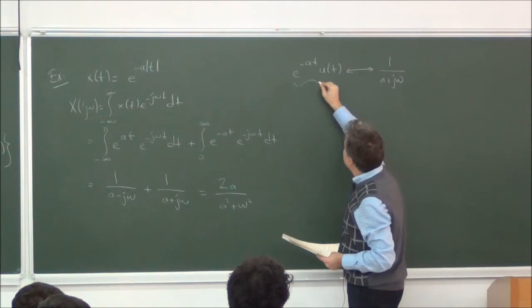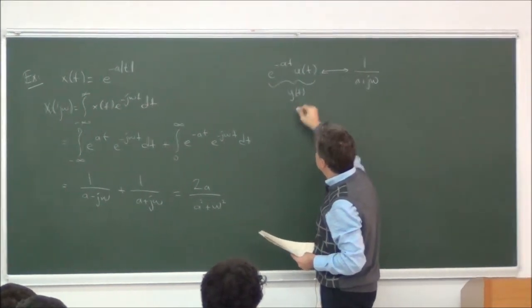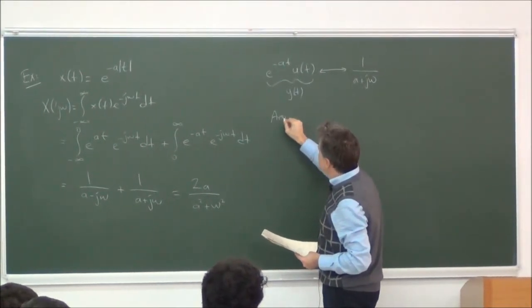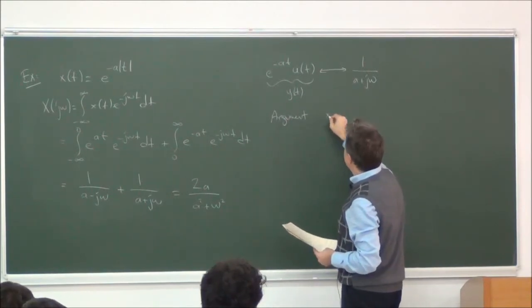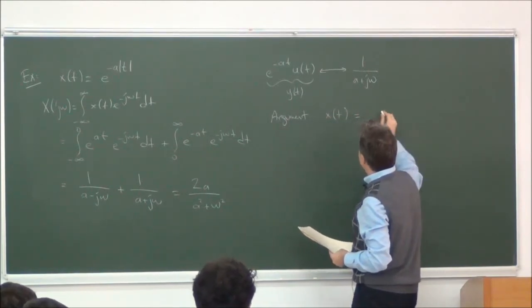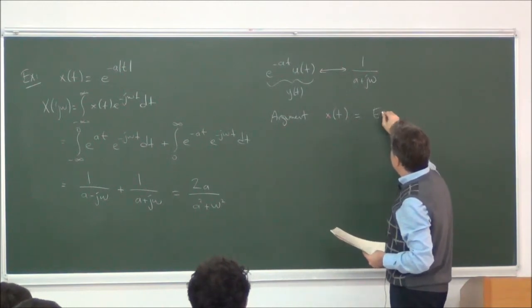Let's call this thing y of t. So the argument is x of t is the even part of y of t.